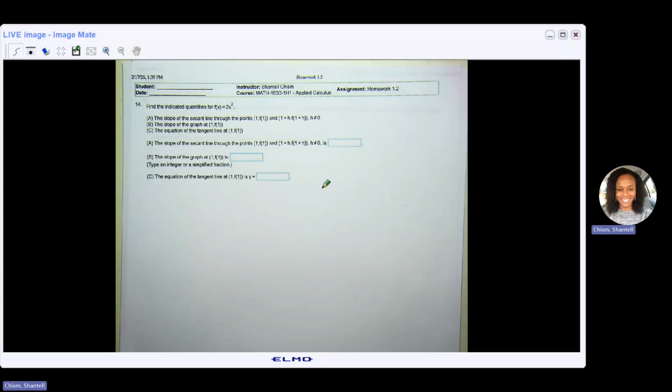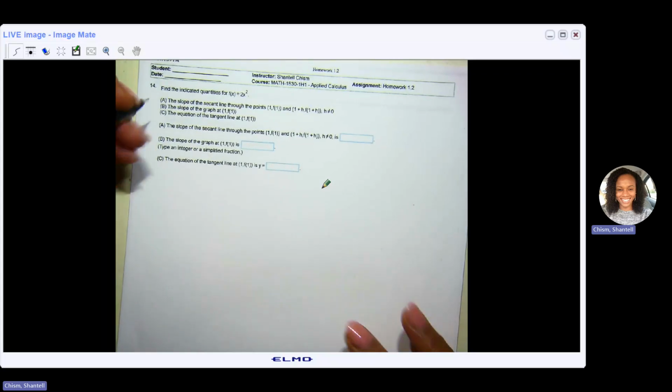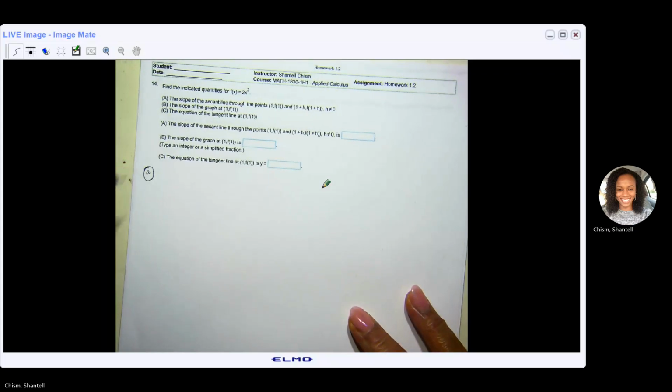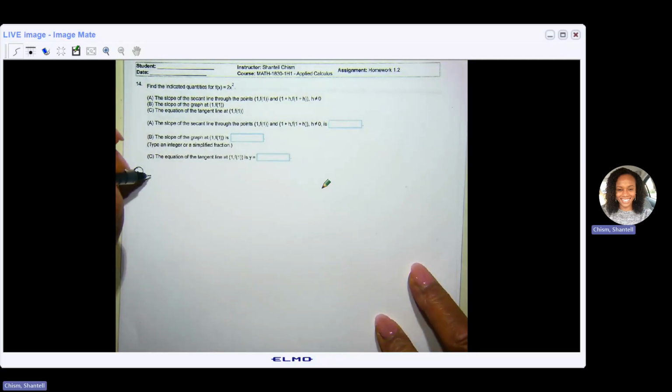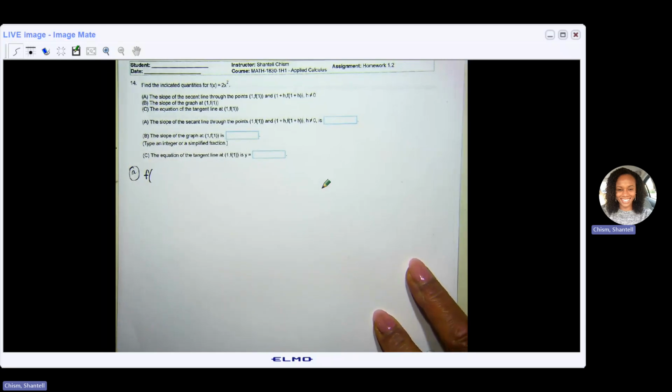So the first thing we need to think about is the formula for the slope of a secant line. This is basically the slope formula, the change in the y. We all know that y is basically the function evaluated at x.